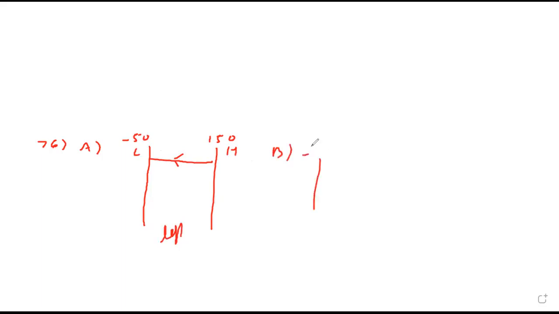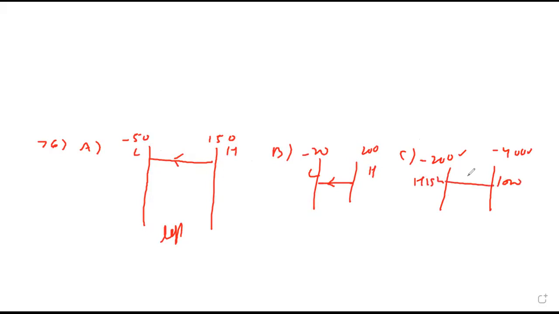In B, minus 20 and 200, again this is high, this is low, towards left. In C, minus 200 and minus 400. This is high and this is low. So electric field will be directed from high to low. This is the correct answer, C. We want it directed right, which is in C.